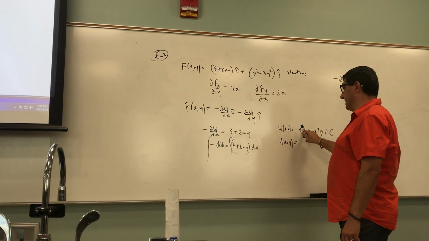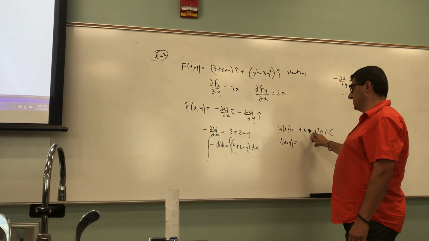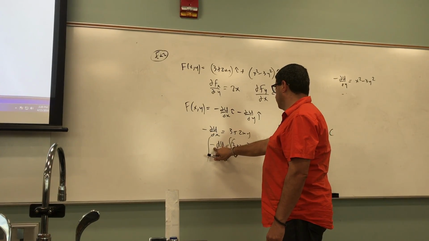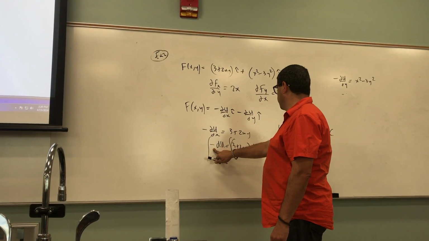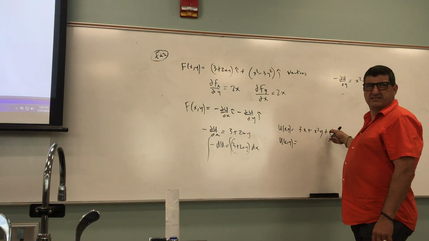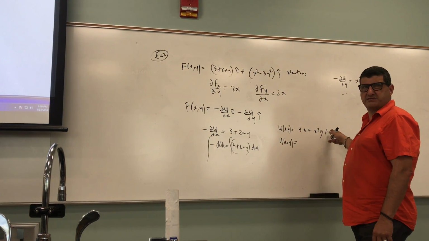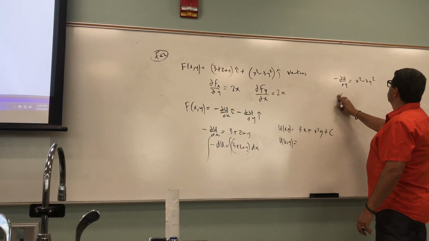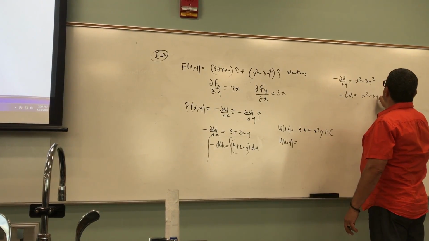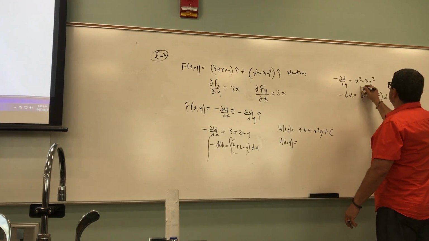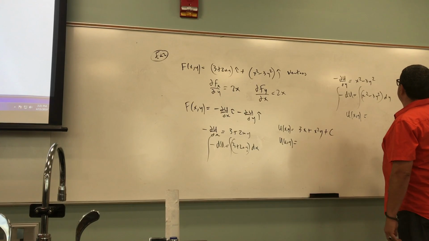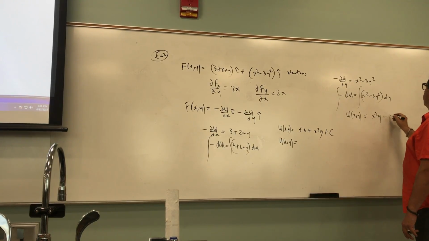In other words, should this be negative 3x, negative x squared y? Or could I keep the negative on the left side? I think it depends on what the constant is. Probably it doesn't matter. Then integrate this, negative du. Integrate with respect to y: x squared y minus y cubed.